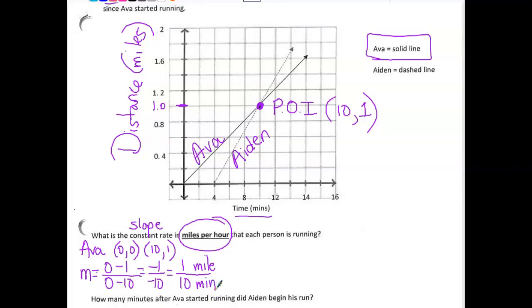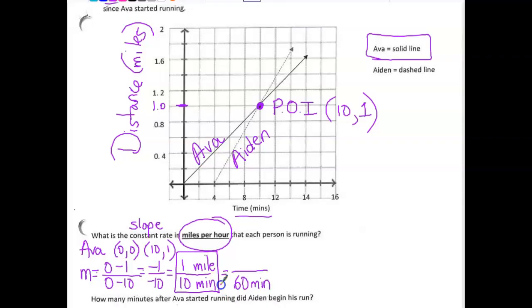However, it asks for the constant rate in miles per hour. So I have to take this 1 mile every 10 minutes and convert it to hours. We need to know how many minutes are in an hour. Hopefully you all know that there are 60 minutes in an hour. So I'm going to put 60 in the denominator. I want to create a ratio that is equal. 10 in the denominator, minutes.